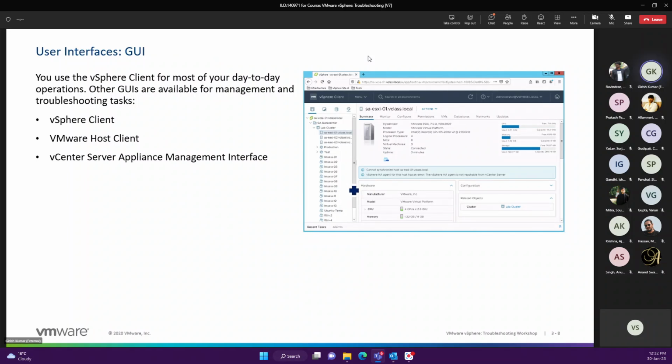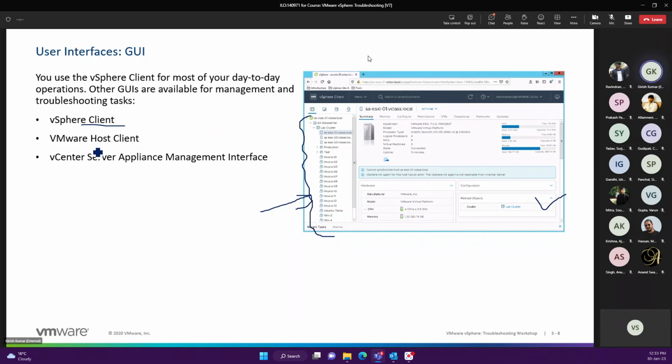To understand the problem, we need to always use the vSphere Client to access your environment, the vSphere stack. All this information we are getting from the vCenter Server. This interface we get from the vCenter Server.